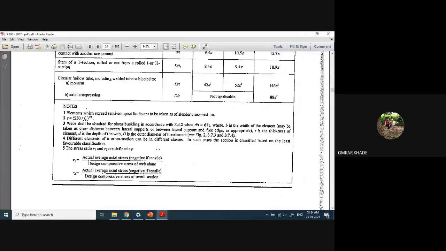No doubts, ma'am. Okay, write down the problem statement. Find out the section classification for the following sections. Are you writing? Yes, ma'am.